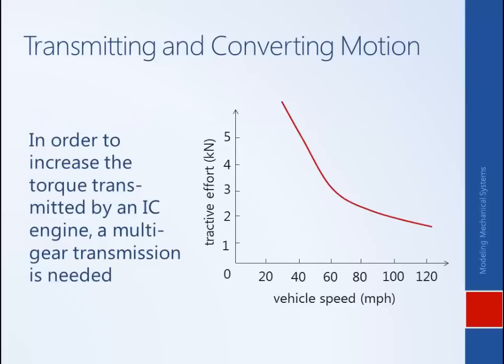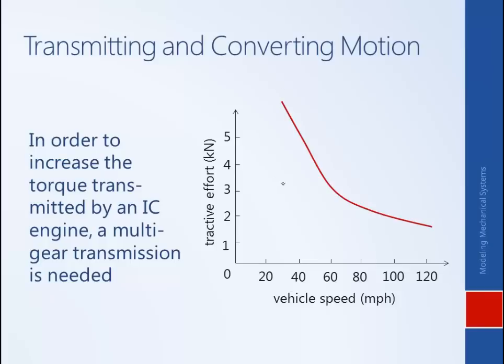A classic example of where gears are used in an automobile is in the transmission. This red curve shown relates tractive effort to vehicle speed. This sort of torque speed curve is ultimately what is desired for an automobile.